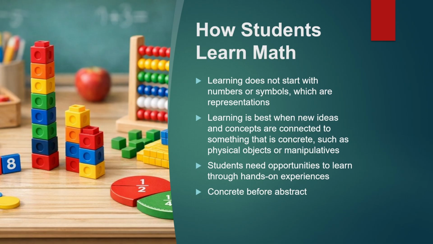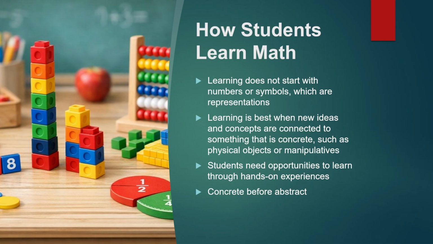It is very important to understand that students do not naturally begin learning math through abstract symbols and numbers. Those are items that represent real things. Instead, they learn best when they connect new ideas and concepts to something that's concrete, something that they can see, something that they can touch, something that they can manipulate.